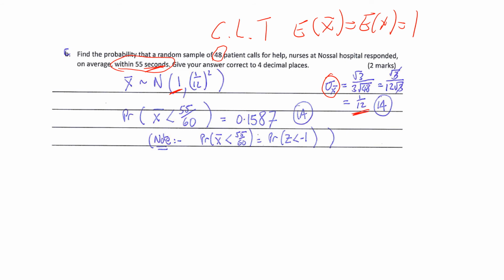So the probability that x bar will be less than 55 on 60, or 11/12 of a minute, is in fact 1 standard deviation below the mean, and it turns out to be 0.1587. Okay, so that was done okay, and that was your test of the central limit theorem.